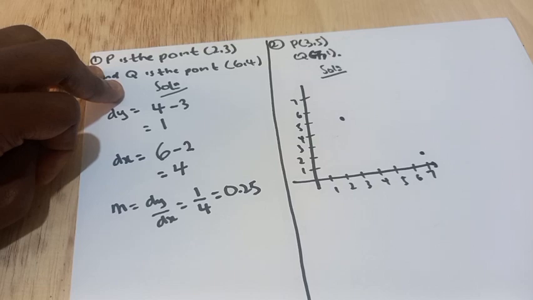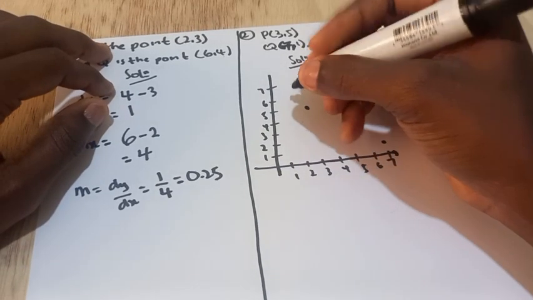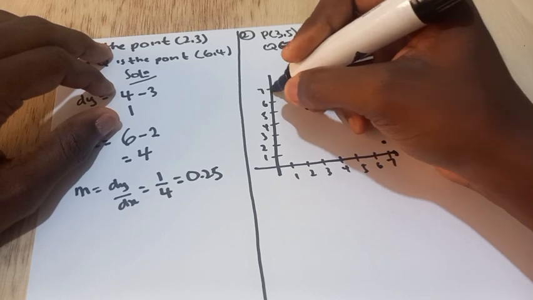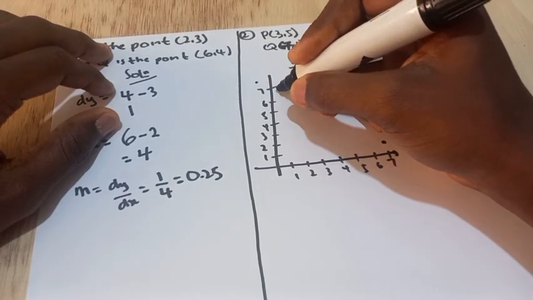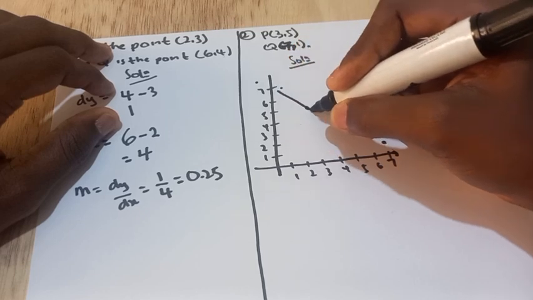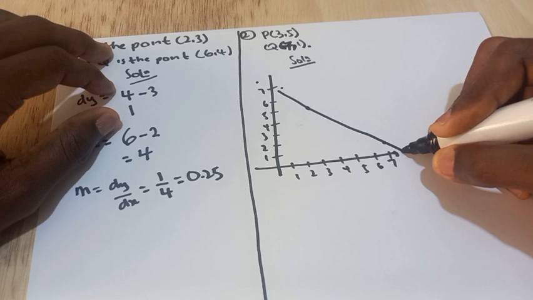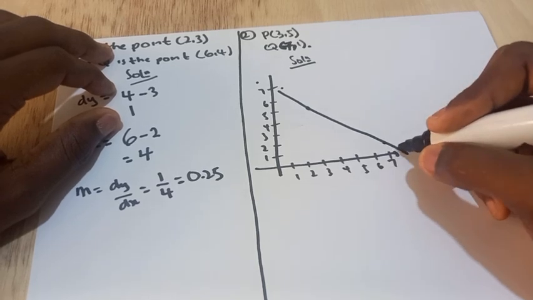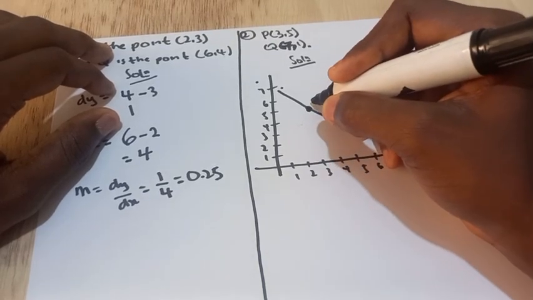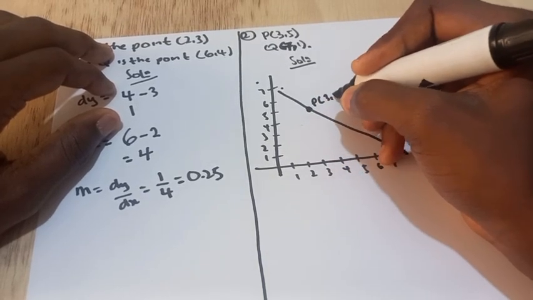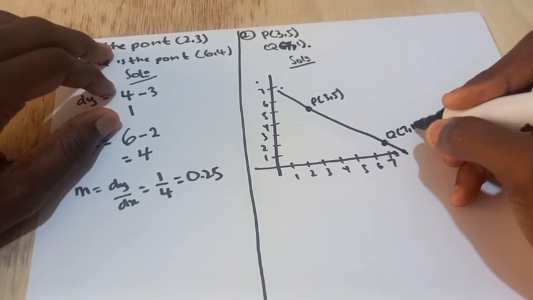Then we pick this is the P 3, 5 and this Q 7, 1.